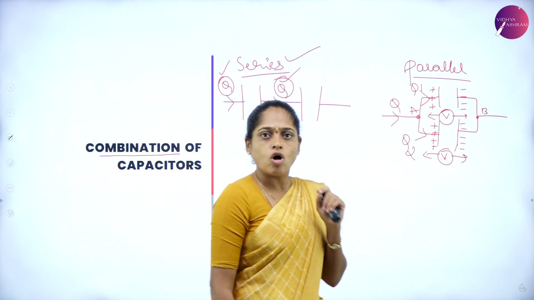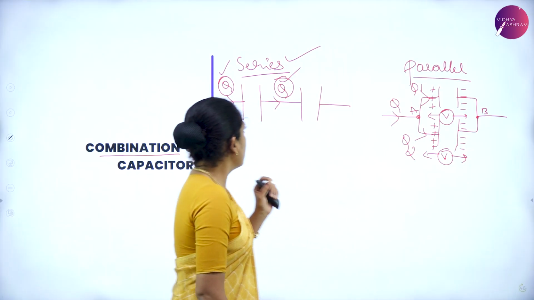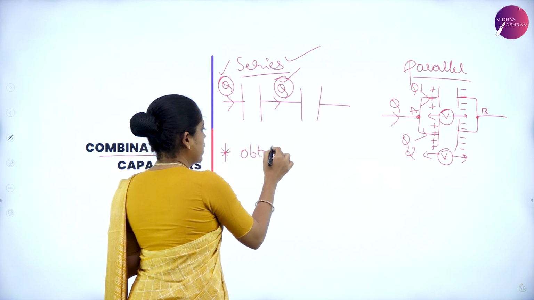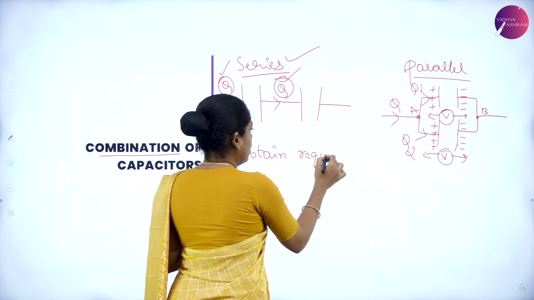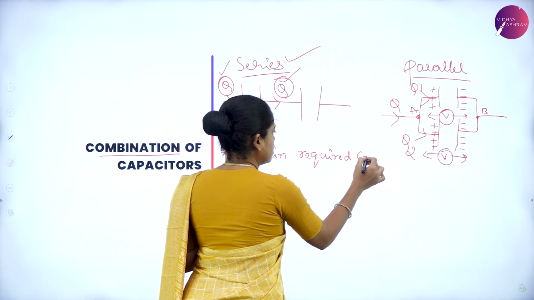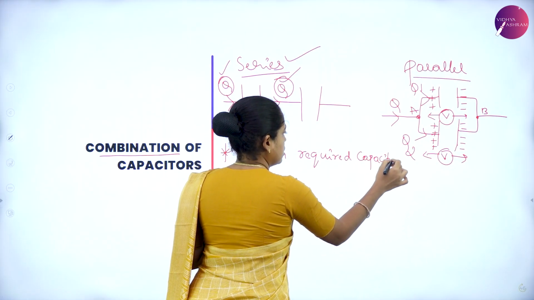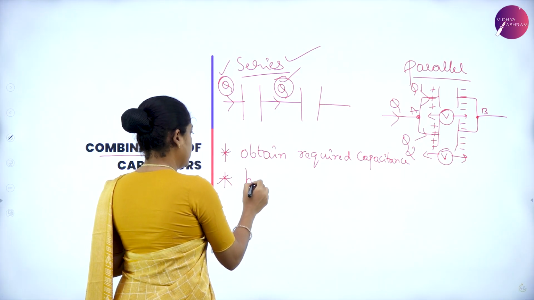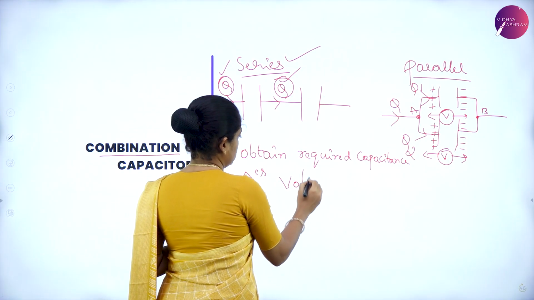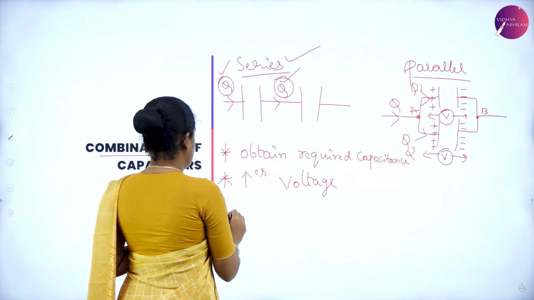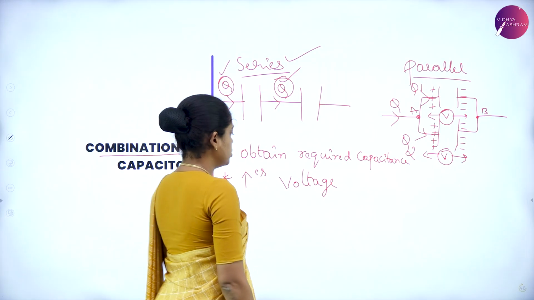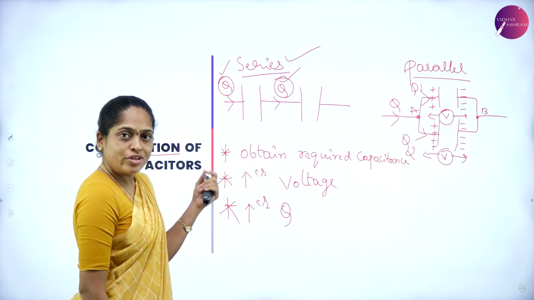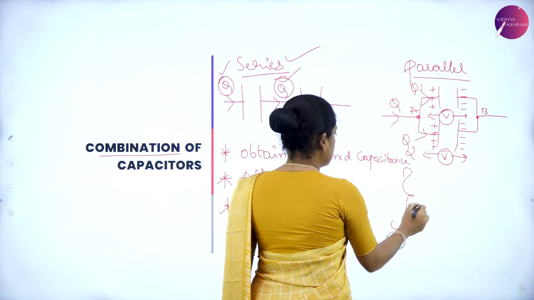And why do we need combination of capacitors? Because by this combination of capacitors we can obtain the required capacitance, and by the series combination we can increase voltage, and by the parallel combination we can increase charge, according to the requirement of electrical circuits.